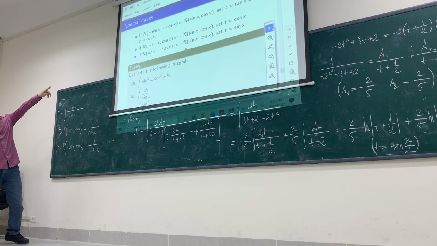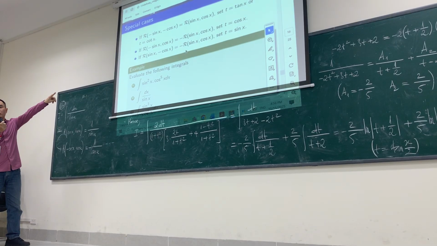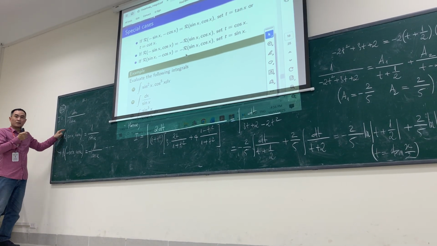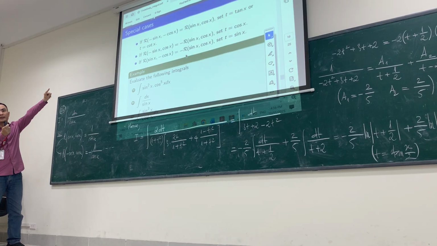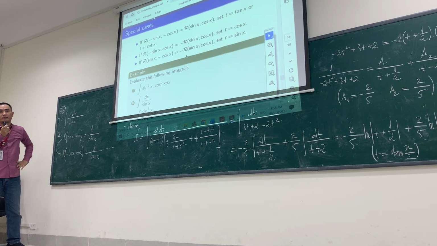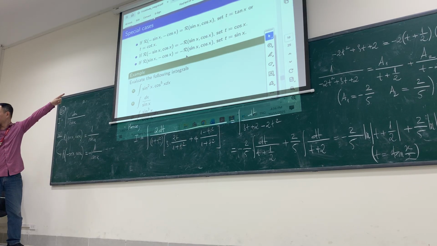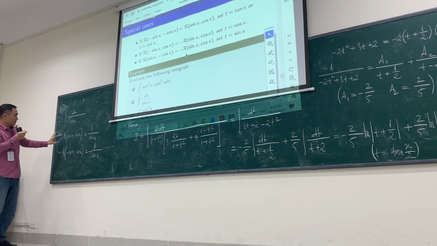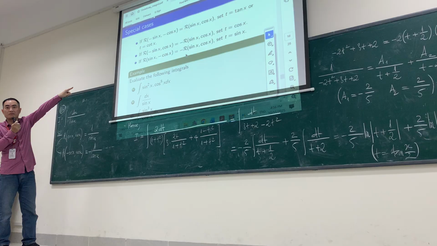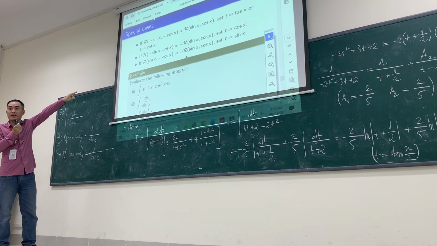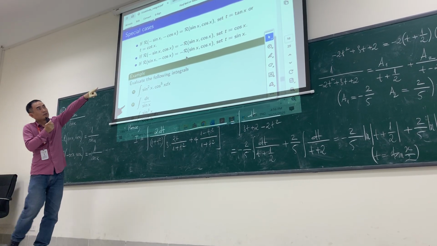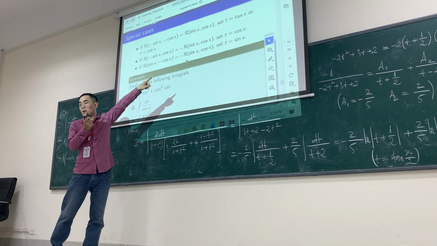Now, check the condition. You can see the rational function R belongs to the second condition. So we take the substitution t equal cosine x.